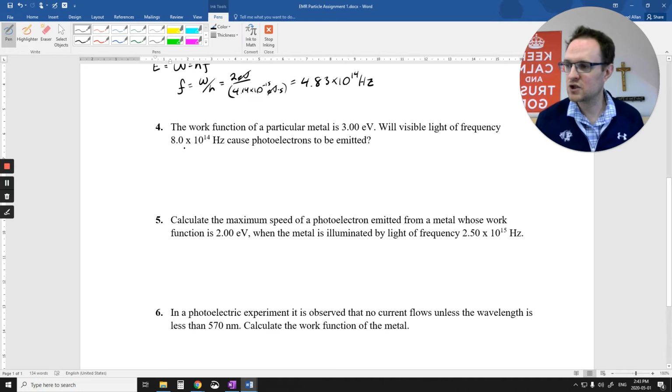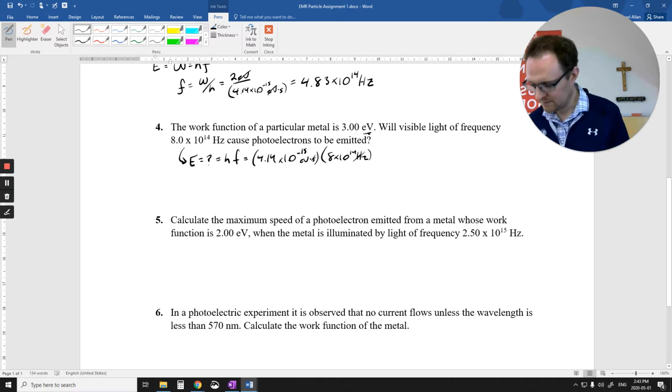So what I'm going to do is change this into energy. So I'm going to be using h times f here. I'm going to be using the 4.14 number again because I want to compare the 2 numbers. And this one's in electron volts already. And then I'm going to multiply by 8 times 10 to the 14 hertz, and the per seconds will cancel out there.